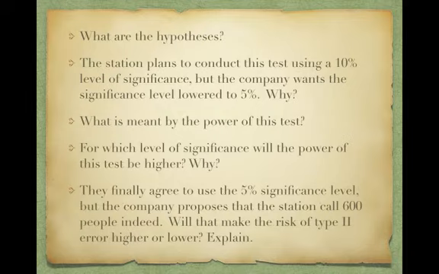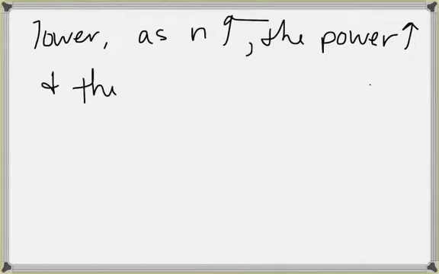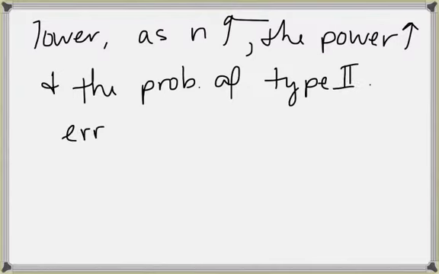So on this one, we kind of mentioned this in the last question. This would actually make that lower. As N increases, the power increases, and therefore the probability of a type 2 error decreases.